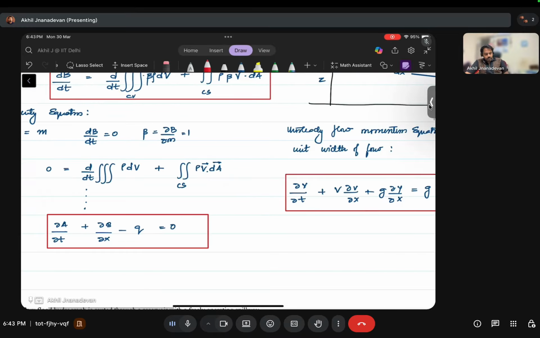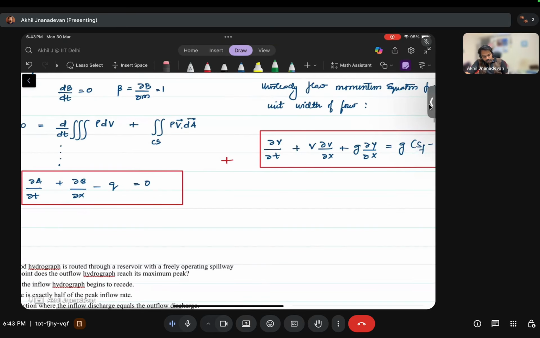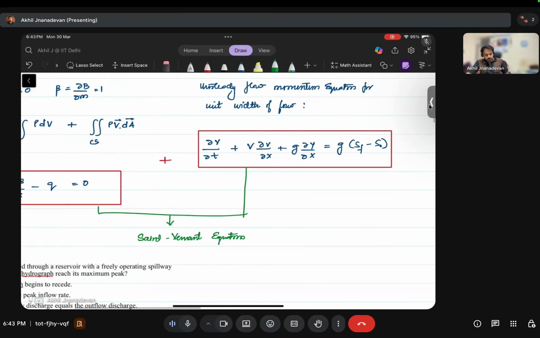Okay, so this momentum equation plus the continuity equation, these two equations together, we call the Saint Venant equation. Within this Saint Venant momentum equation, we will be doing simplification.